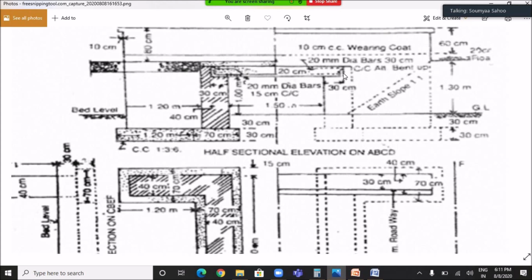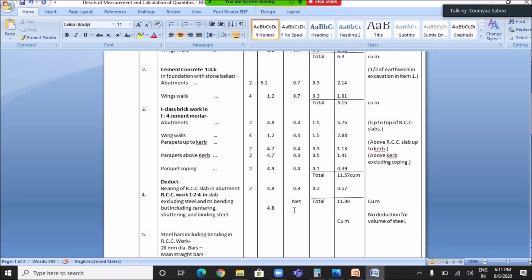And what is the depth of the RCC slab? It is 20 centimeter. Clear? So it is 4.8 and it is 2.1 meter and it is 0.2 meter. And the number of RCC slab, only one slab is provided, so it is 1, and the quantity, I have already calculated, is 2.016 cubic meter. And here no deduction for volume of steel is considered.